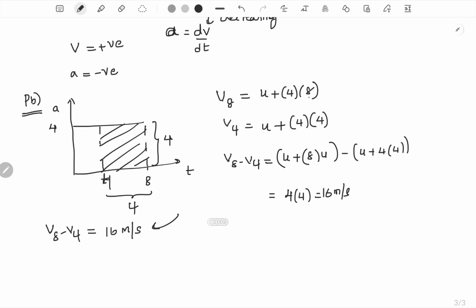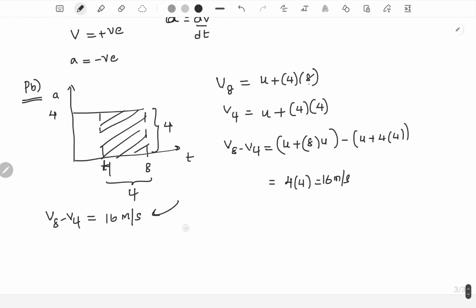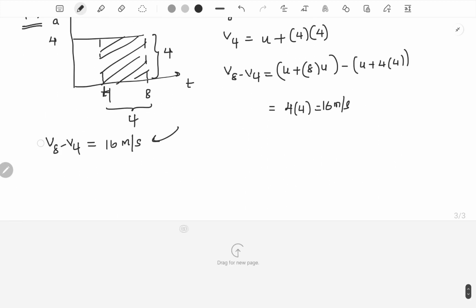Okay, now let's take another example. Let's say we have a graph something like this.